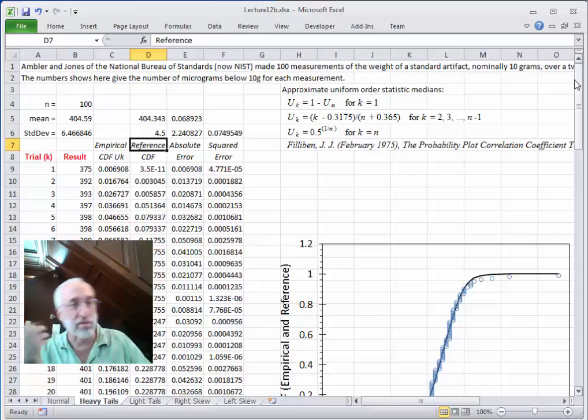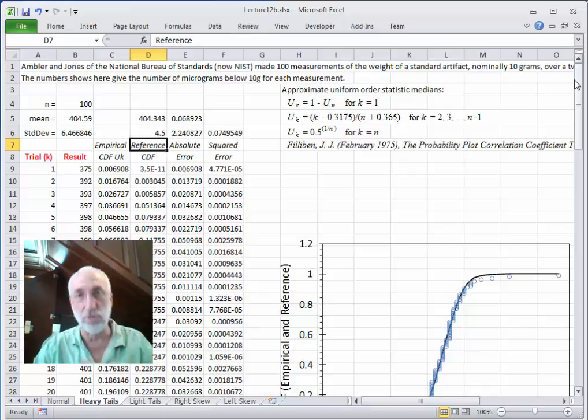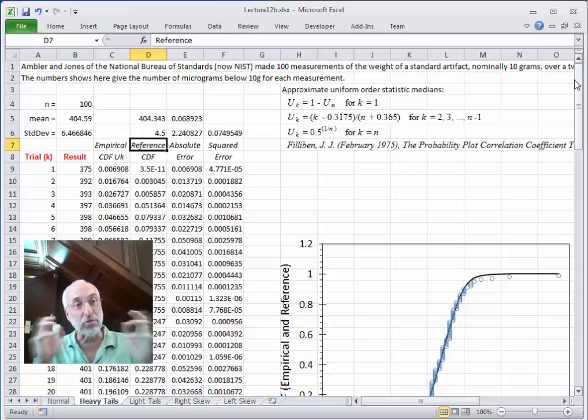Of course, the real issue here is that we have heavier tails than a normal distribution, but it just goes to show you that those heavy tails are throwing off my calculation of the standard deviation. This is not the best standard deviation that matches this data set if the data set truly were normally distributed. That is, of course, a good estimate of the standard deviation for a heavy-tailed distribution, not for a normal distribution.